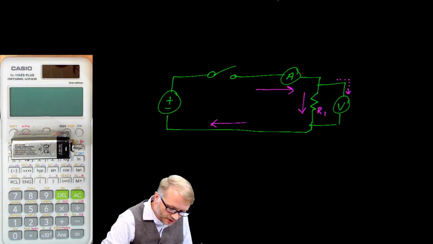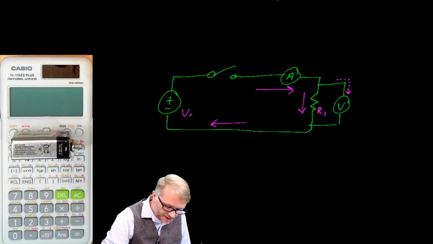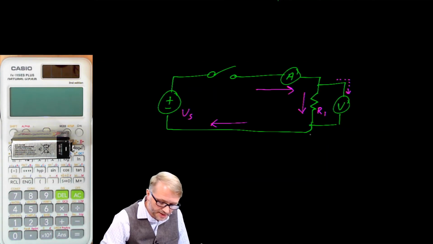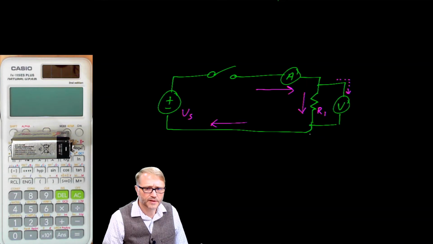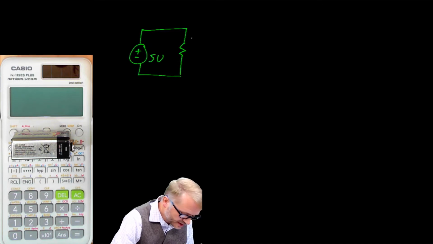Of course, we use Ohm's law to determine the relationship between the source voltage, the current, and the resistance. There are 3 different problems you'll encounter with Ohm's law, and I'll show you each one of them here. So this one, we have the source voltage, and we know the resistance.